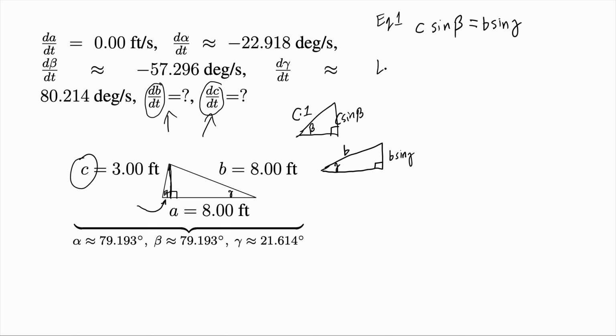Now we need to get equation 2, since we have 2 unknowns. Equation 2 of function equivalence. We need to come up with another relationship we can get on this triangle.